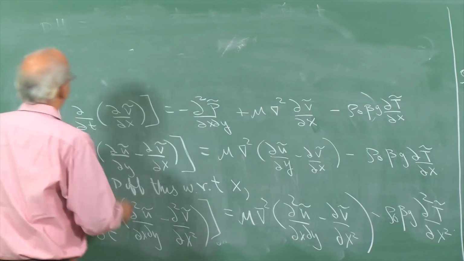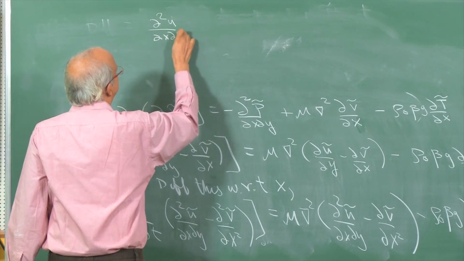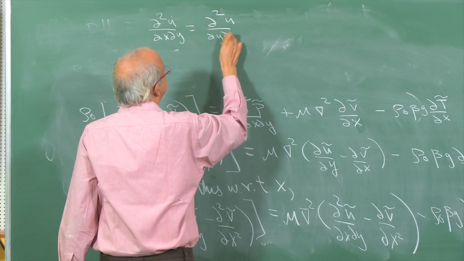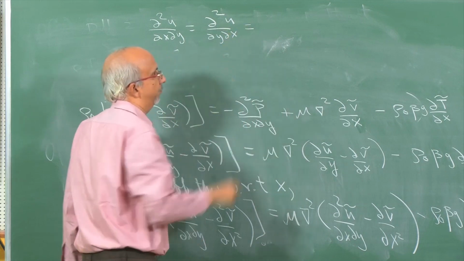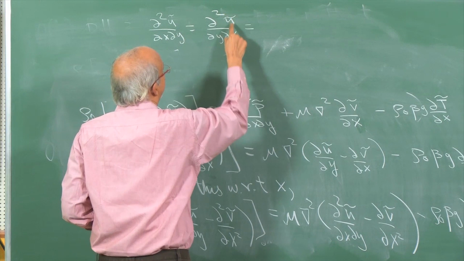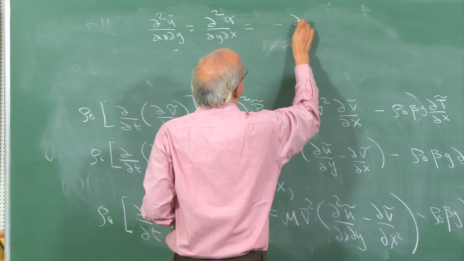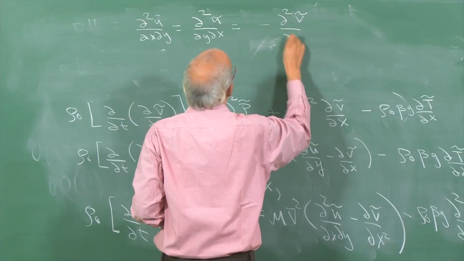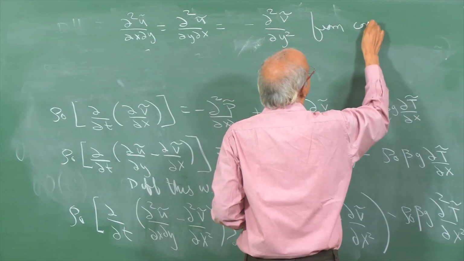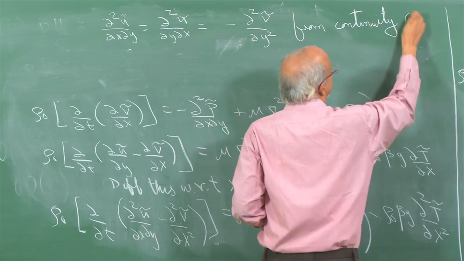Now, d square u by dx dy is nothing but d square u by dy dx, okay. And remember, from equation of continuity, du tilde by dx is the negative of dv tilde by dy, and therefore, this is minus d square v tilde by dy squared from my continuity equation 1.